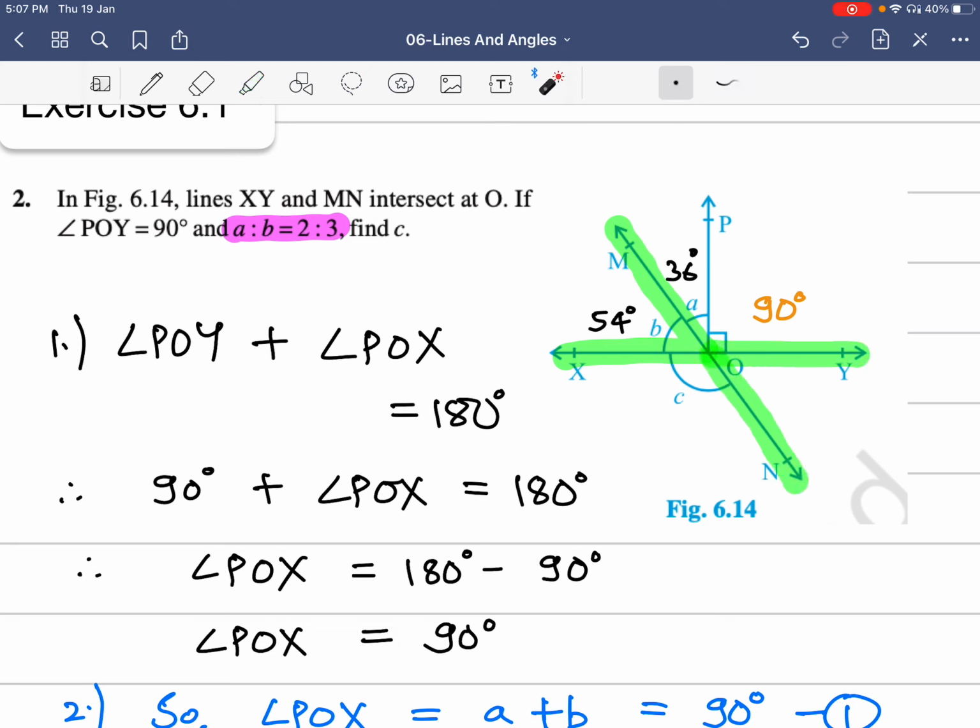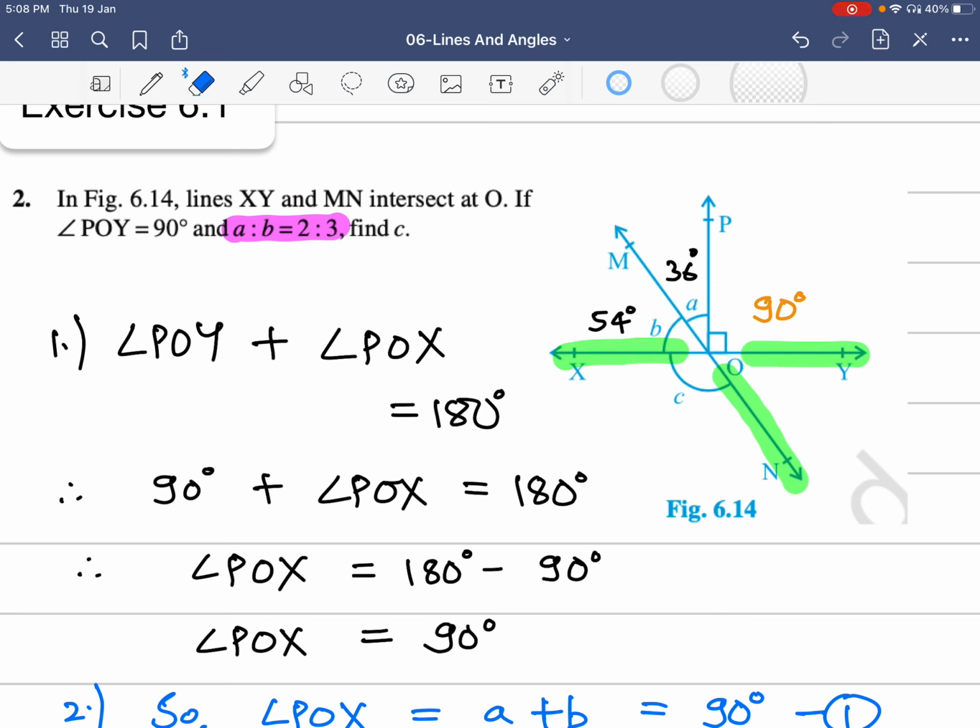Both these angles are vertically opposite angles, which means that both are equal to each other. That is by theorem 6.1, which we proved in a previous video. The theorem says vertically opposite angles are equal to each other. So if this is 54 degree, then this also has to be 54 degree.